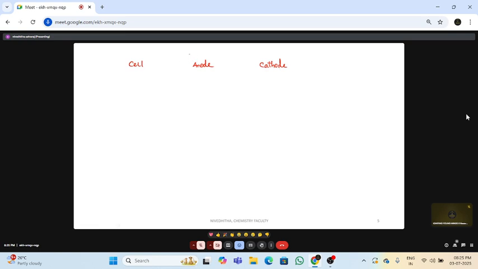Whatever the cell is, in anode, oxidation will occur, and in cathode, reduction will occur. There is no change in it. If the cell is a galvanic cell, also called an electrochemical cell or voltaic cell, then what will be the sign of anode?